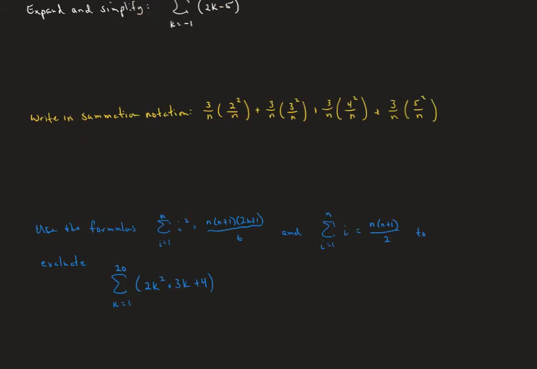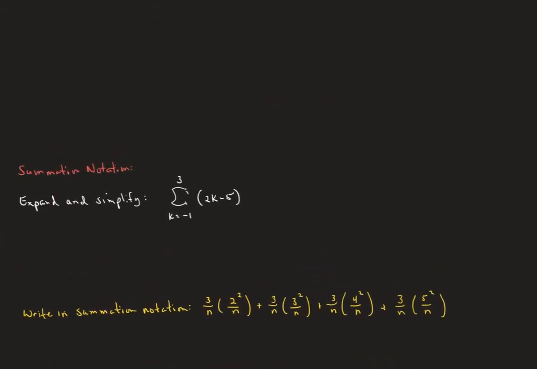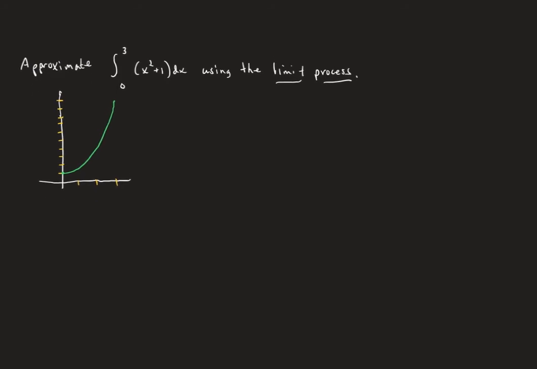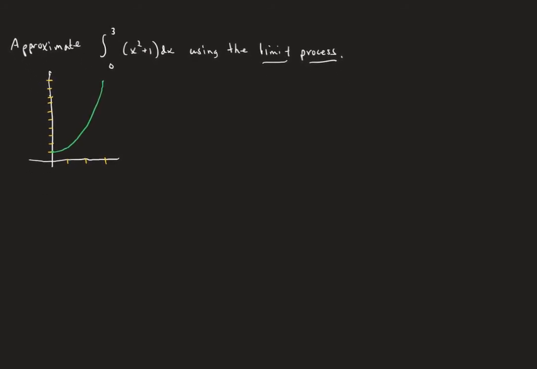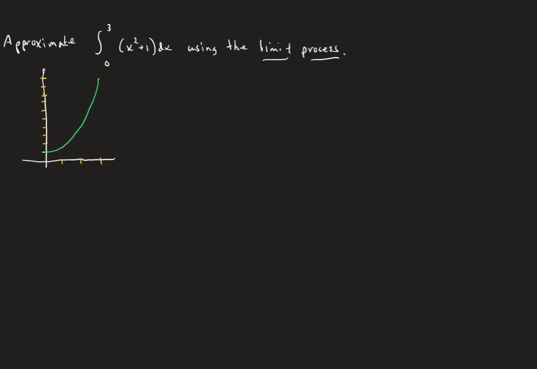So here we are going to now approximate. This is the kind of problem you might be asked to do. We're going to approximate the integral from 0 to 3 of x squared plus 1 using the limit process. That is, we're going to imagine approximating the area using n rectangles, and then we're going to take the limit as n goes to infinity.